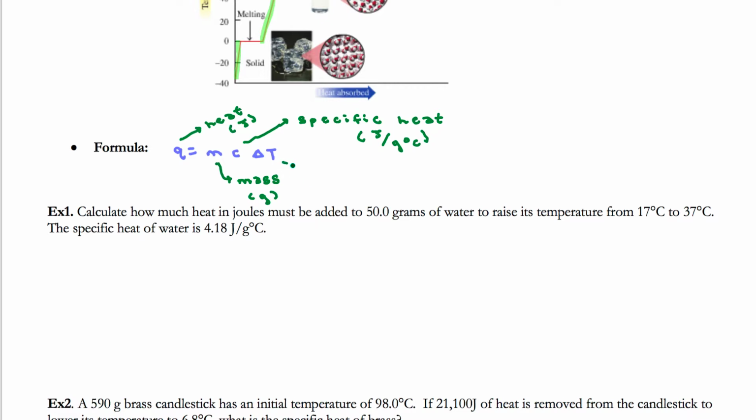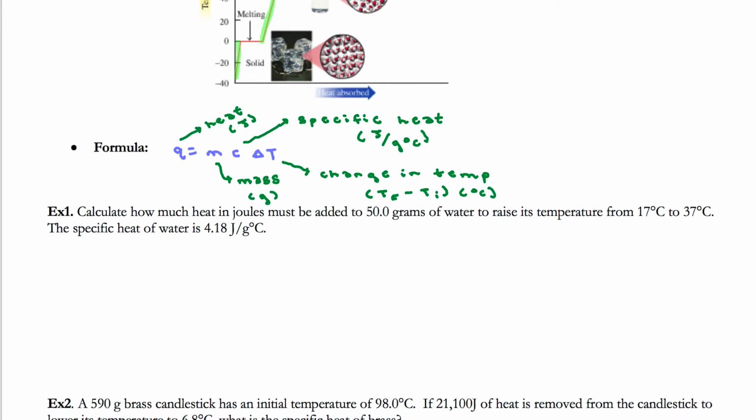I need to go over the last variable, and that is your change in temperature. Specifically, it is your final temperature minus your initial temperature. Okay, TF, TI. Final minus initial. And the units for that are going to be in degrees Celsius.